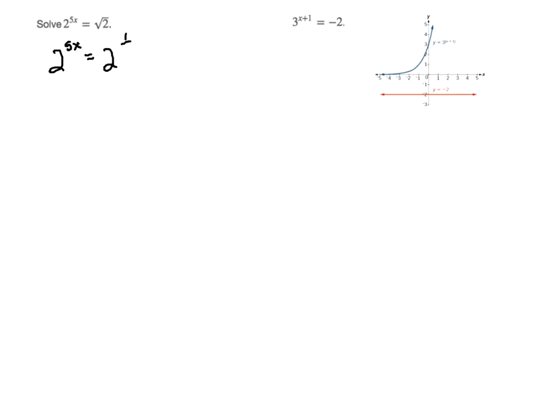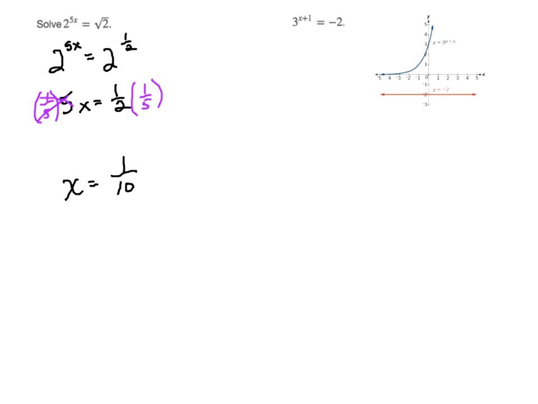So that's the same thing as 2 to the 1/2 power, which means 5x is equal to 1/2. I'm going to divide both sides by 5, which is the same thing as multiplying by 1/5 on both sides. And that leaves me with x is equal to 1/10.